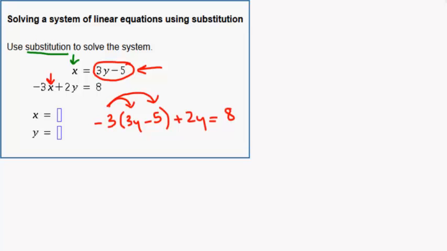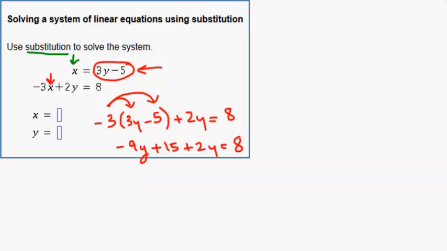Now I'm going to clean this up, because what we did was go from having two different variables to having the same variable. So now we can simplify the left-hand side, and we get -9y plus 15 plus 2y equals 8.